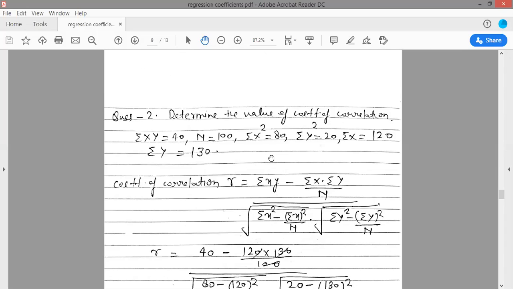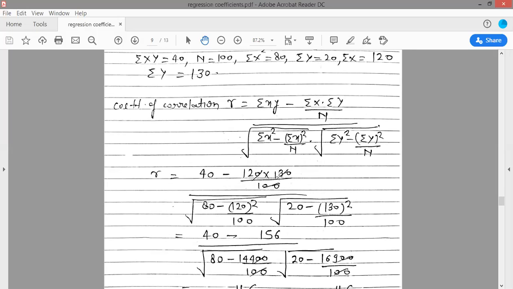So the summation data is given already, so you need to calculate summation xy. In a few questions I saw that the data is given, so you will put it directly in your formula. So the coefficient of correlation is given by r is equal to summation xy minus summation x into summation y upon n, the whole upon square root of this one into square root of this one.